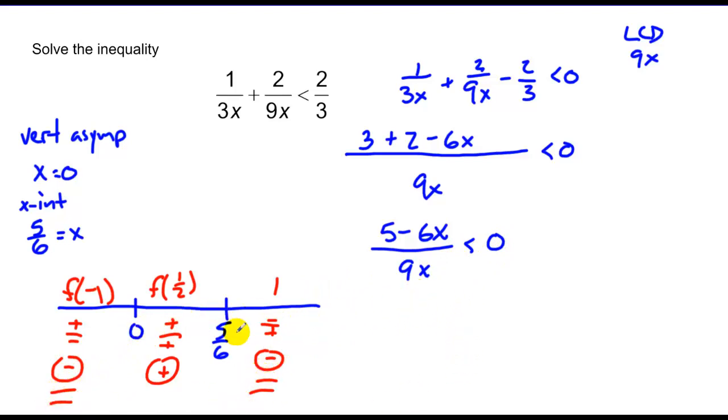So that tells me it's all the numbers less than 0. And then it tells me it's all the numbers x that are greater than 5/6. And since these are not necessarily connected, like so, then what I have is an OR problem.